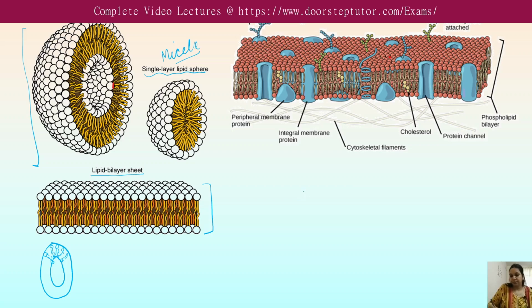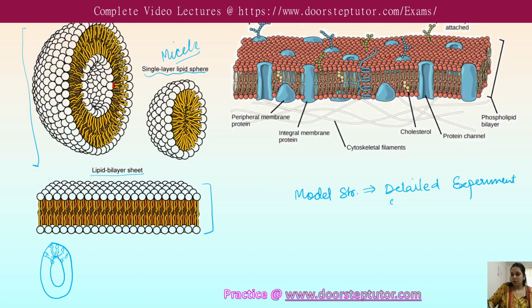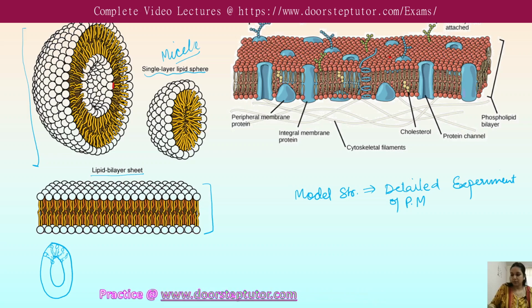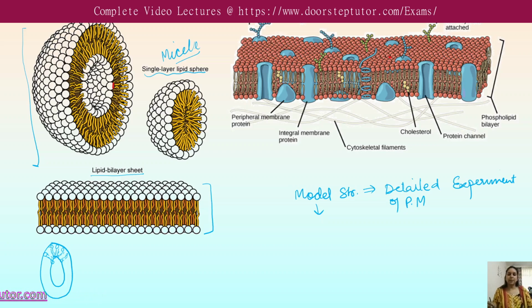Also, we get to know the model structure for the analysis, for the detailed experiments of the plasma membrane. The model taken for detailed experiments of the plasma membrane was the mammalian RBC.